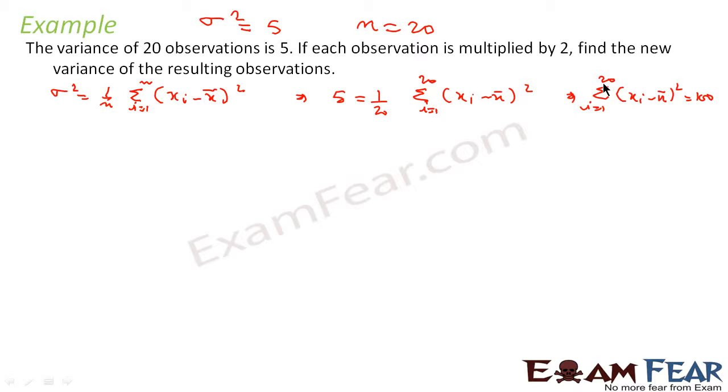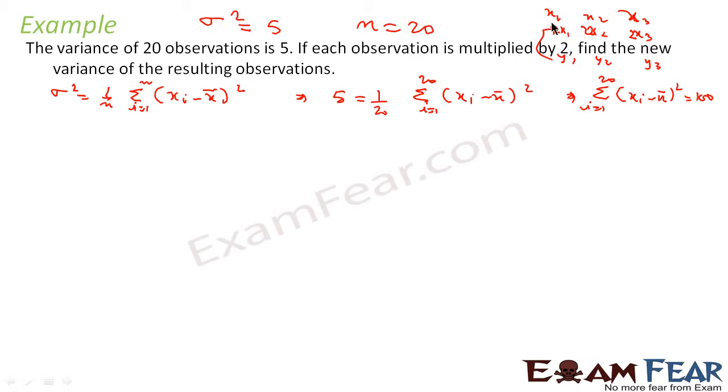Now, if all the values are multiplied by 2, for example x1, x2, x3, everything will be multiplied by 2 and we'll get 2x1, 2x2, 2x3. We'll call these y1, y2, y3, just for making our life simple.